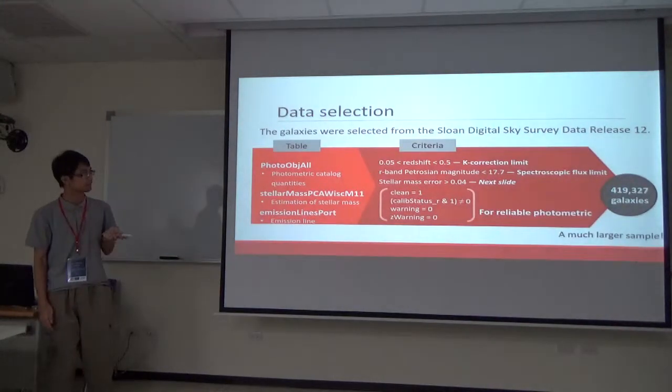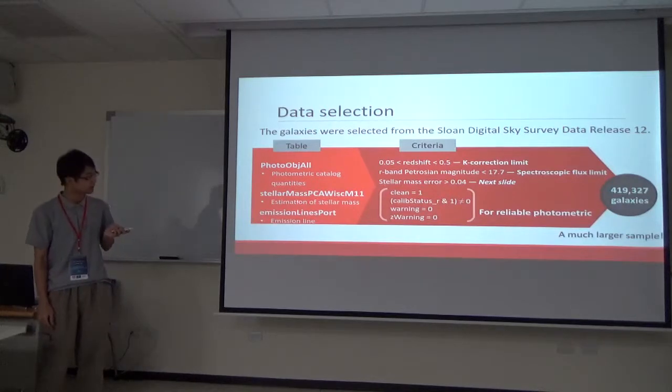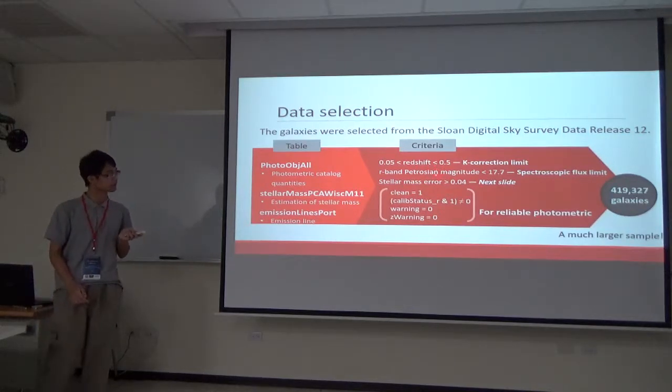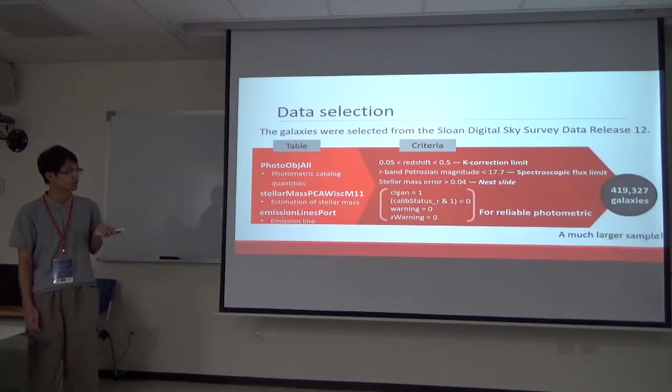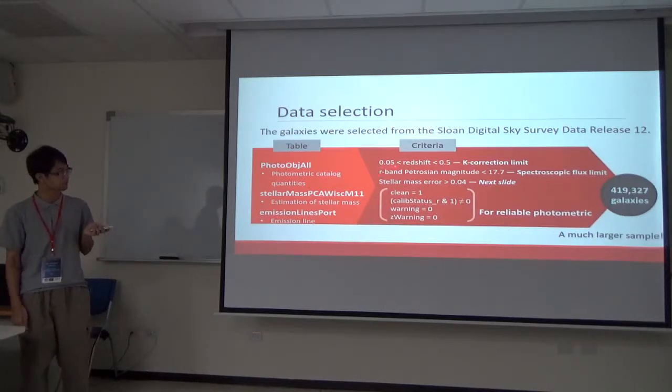My data is from SDSS DR12, and I take the photometry, the estimates of stellar mass, and the emission lines. For these galaxies, I select redshift from 0.05 to 0.5.